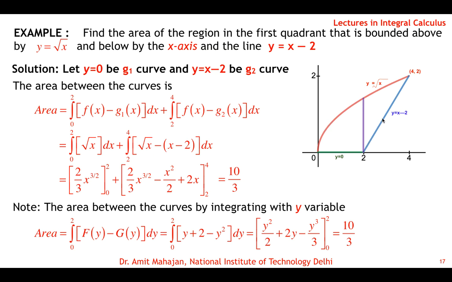And because f(y) is always greater than g(y) from 0 up to this height, okay, so 0 to 2, we can integrate from 0 to 2 the f(y) curve, this one, which is x is equal to y plus 2, minus x is equal to y square. So y plus 2 is the upper curve and y square is the lower curve, their difference from 0 to 2. So if we integrate this, we will get the same area.